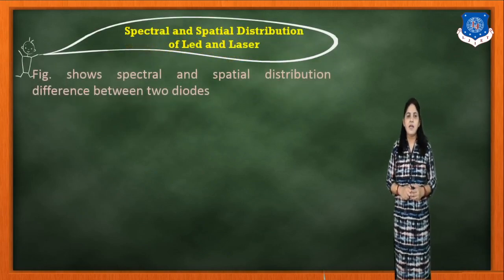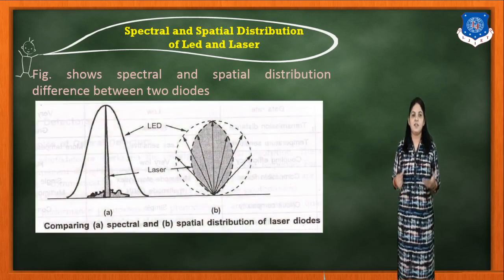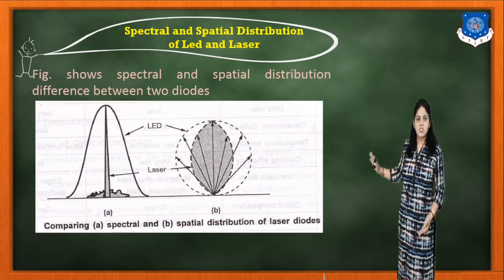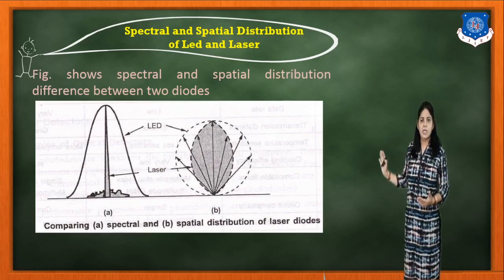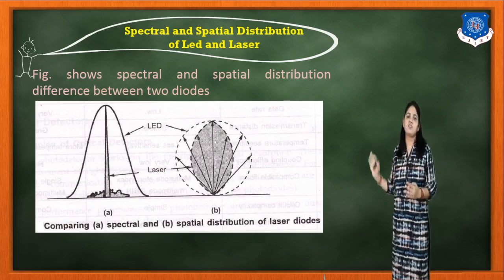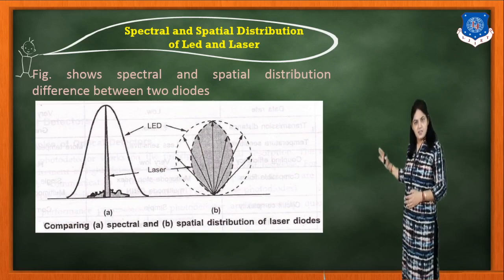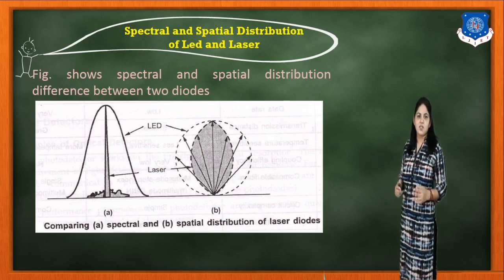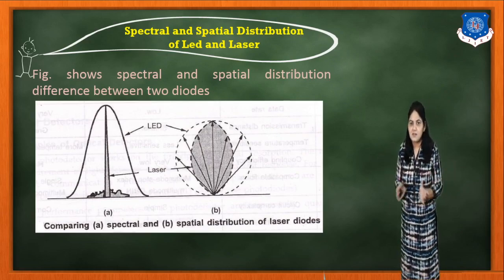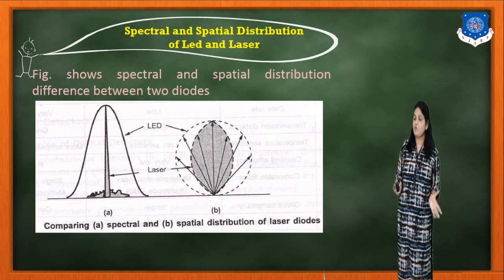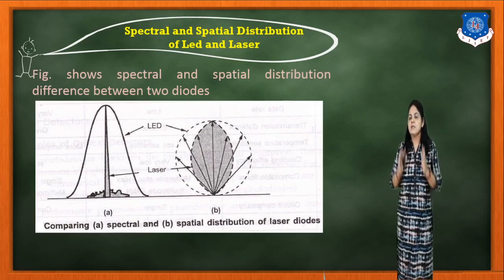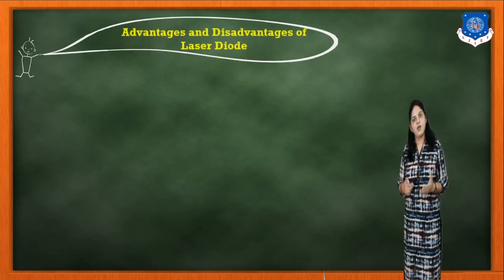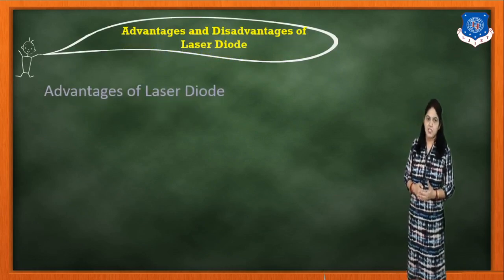In the diagram, A is the spectral distribution of the laser diode, and the second one is the spatial distribution of the diode. We can see how the light rays are scattered in the case of the LED, and how we get a sharp beam in the case of the laser diode. That is due to spontaneous and stimulated emission.